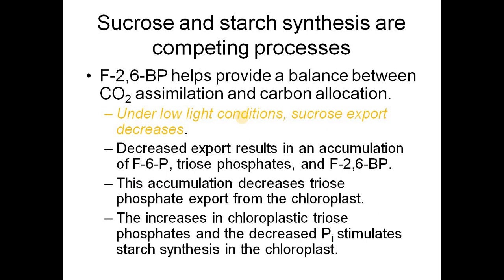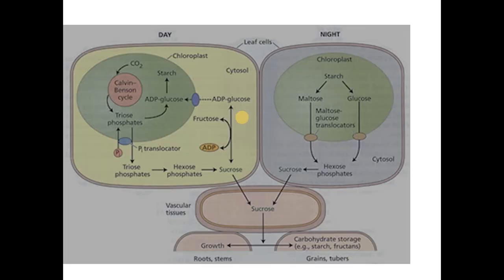So those conditions are some type of stress. And one of the major stresses, the major environmental stress number one for plants, is low light condition. Okay, so this is the picture from the beginning, and now we have low light conditions.